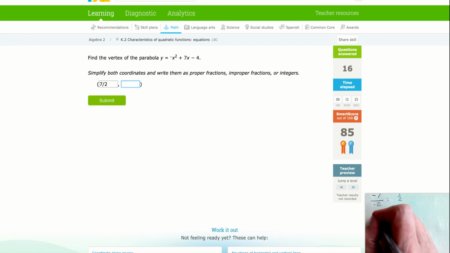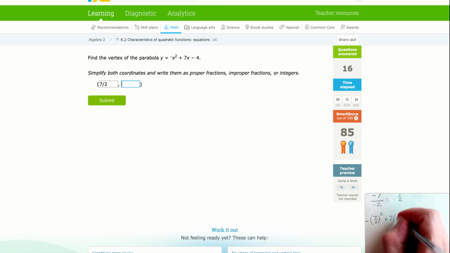So I'm going to do 7 halves squared. And then I'm going to make it negative, because remember, don't forget, there's a little negative sitting right out front of the x squared, plus 7 times 7 halves minus 4. So that's negative 49/4, plus 49 halves minus 4.